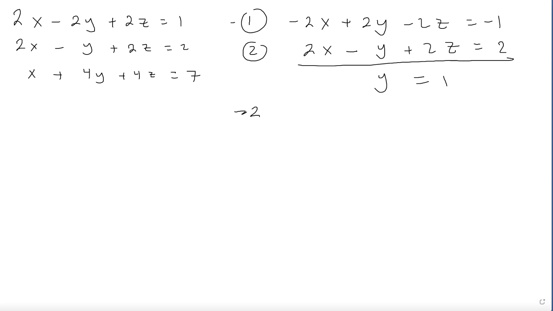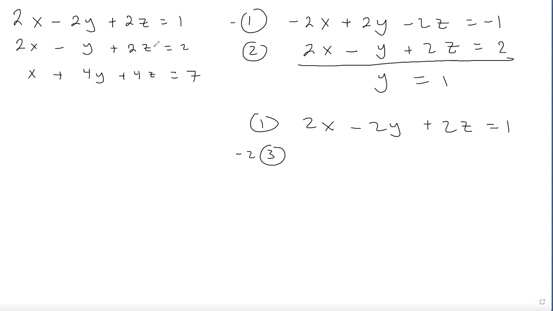I'm going to go equation 1 and then -2 times equation 3. So I'm going to eliminate these x's right here. So equation 1 is 2x minus 2y plus 2z equals 1. And multiply all this by -2.